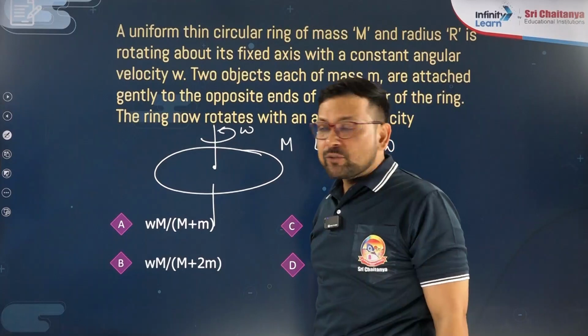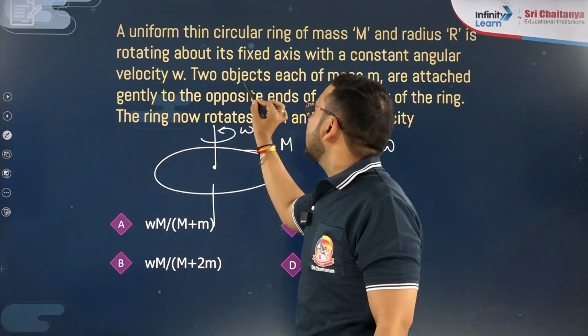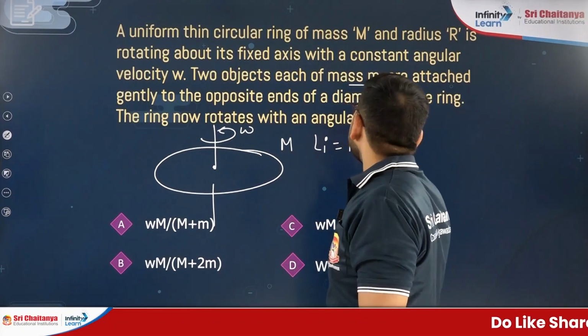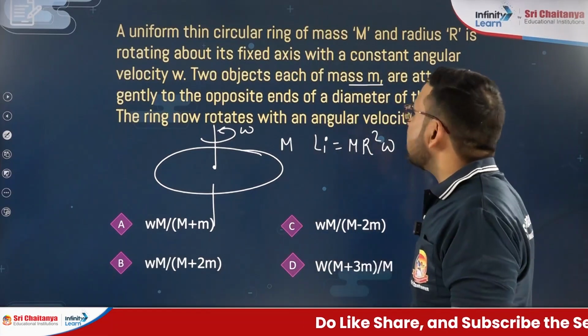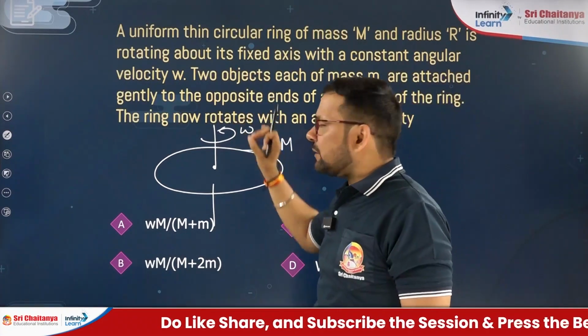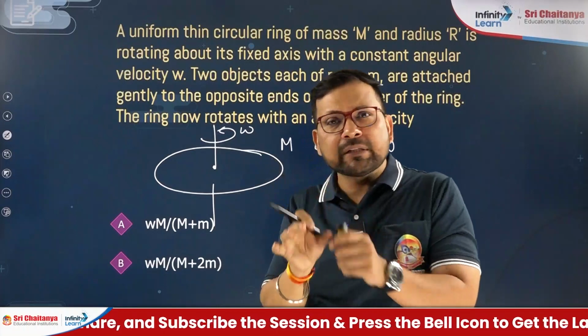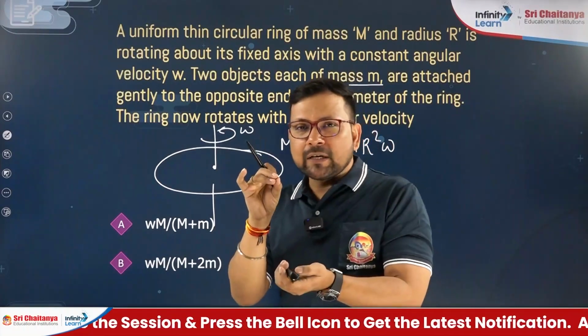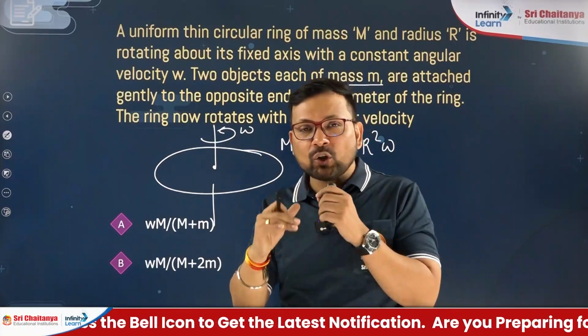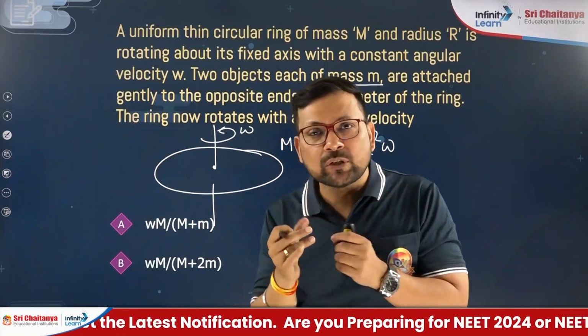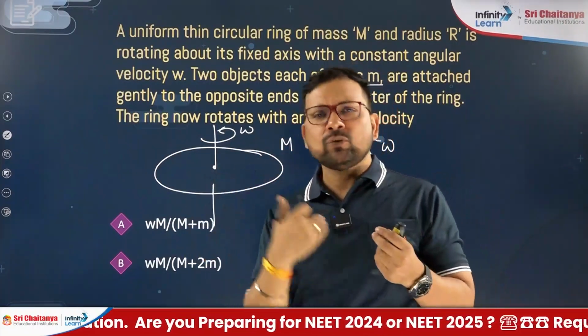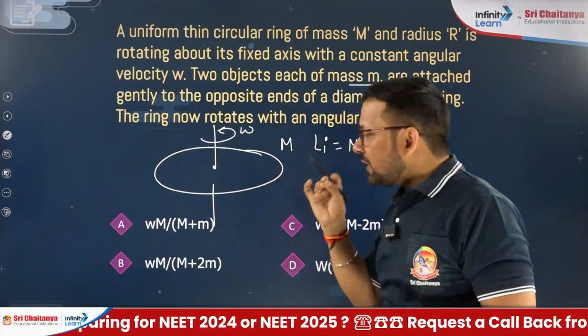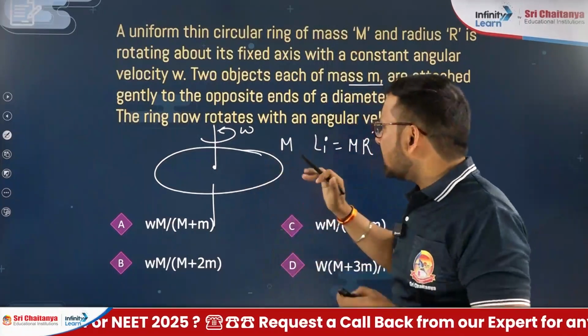Now we are making some change. What are the changes? Two objects, each of mass m, are attached gently, which means no external impulse is given. We are just putting them, and it is not changing the motion just at that time. In due course of time it will, but we are not imparting any impulse to it, gently placed.